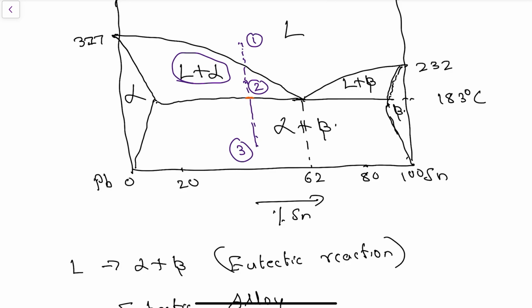That is the important point: when it is cooled below 183 degrees Celsius, what happens? That's the most important thing to understand here. As we move down from 1 to 2, the fraction of liquid is coming down. The fraction of this liquid can be found using a tie line. The composition and the fraction can be found by this line.